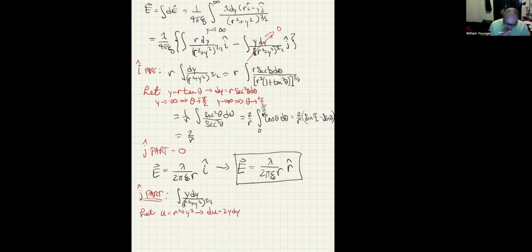So I'll need a 2 up top, but I already have the y, so that's why this one's an easy integral. So I'm going to multiply it by 2, but I'm also going to multiply it by 1/2. So there's my 1/2, and now the 2 will cancel that 1/2 out, and it'll become 2y dy, which we said was du, and then that's all over u to the 3/2 power.